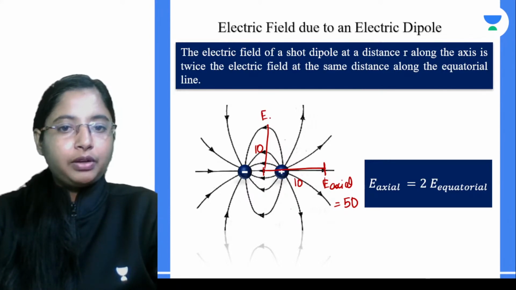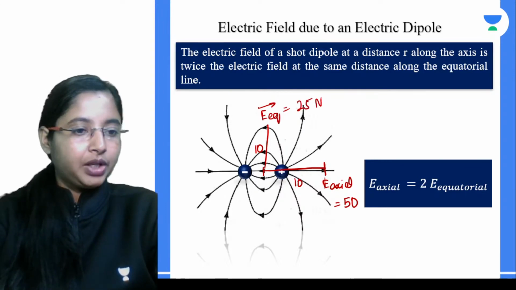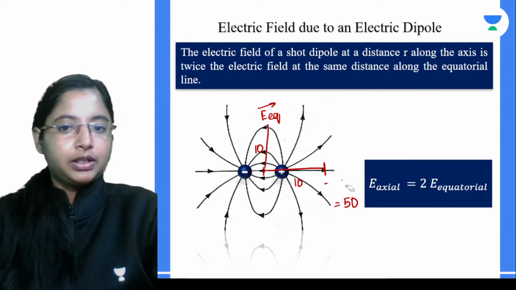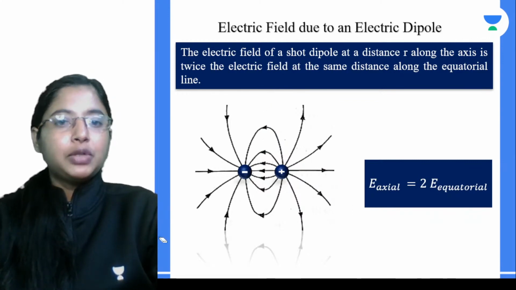At this point, the electric field strength along the equatorial will be around only 25 Newton per coulomb. So this strength is half of the strength at the axial point. Alright, so that's it. This is all about the electric field due to an electric dipole.